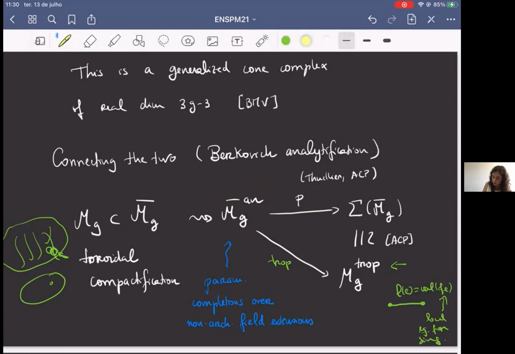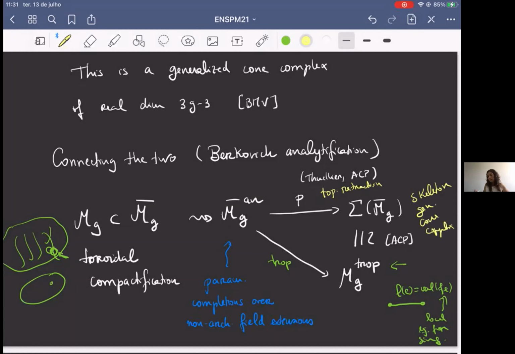This is a topological retraction from this big space, this big space of norms. And then you construct intrinsically a topological retraction to something that is called a skeleton. So this is the skeleton of your analytification. And this skeleton is, again, a generalized cone complex.